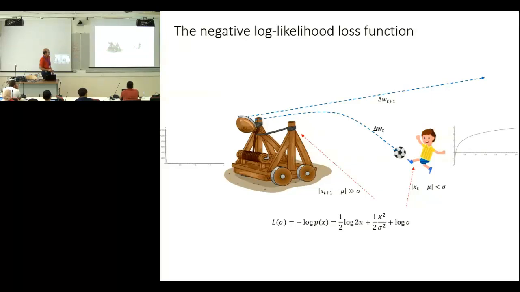So if the samples that appear are very close to the mean value, it pushes sigmas towards this direction, smaller and smaller and smaller.